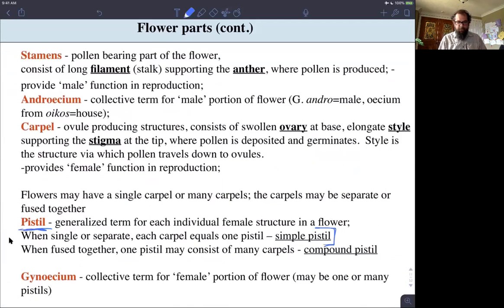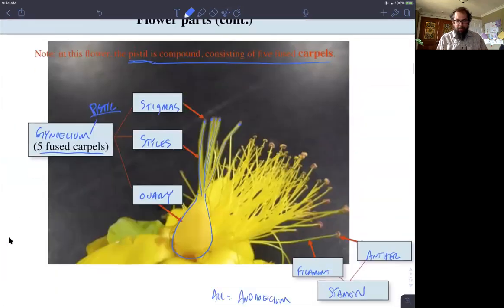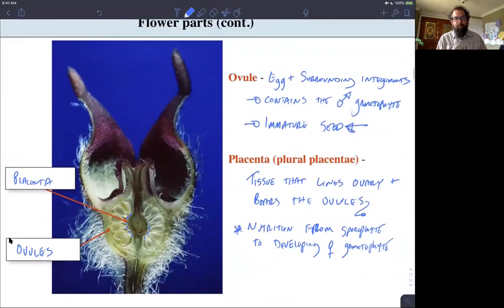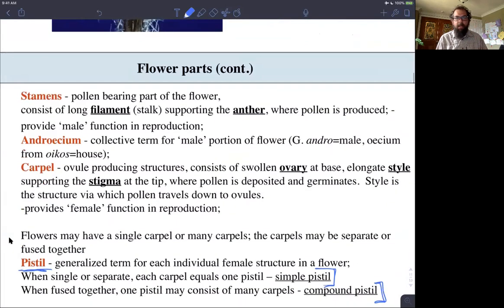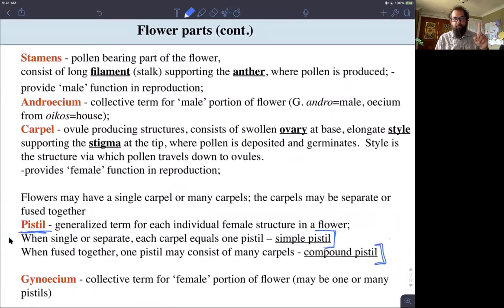And when they're fused together, where one pistil consists of many carpels fused together, that's a compound pistil. Here I had a compound pistil made up of 5 fused carpels. Here I have a compound pistil made up of 2 fused carpels. But I might have just a simple pistil made up of 1 carpel.